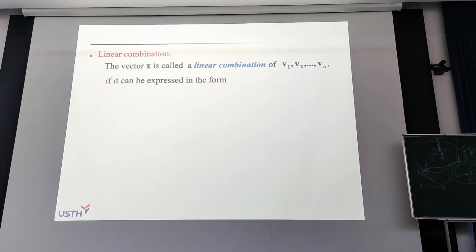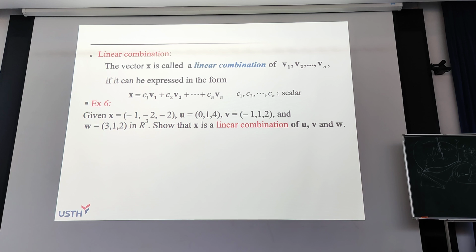A vector x will be called a linear combination of v1, v2, ..., vn if x can be written in the form x equals c1 v1 plus c2 v2 plus ... plus cn vn. Here c1, c2, ..., cn are numbers. In that case, we say x is a linear combination of v1, v2, ..., vn.